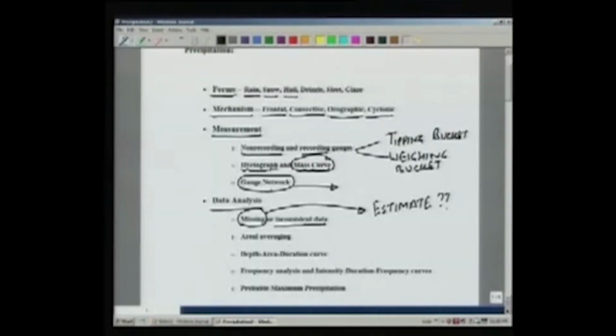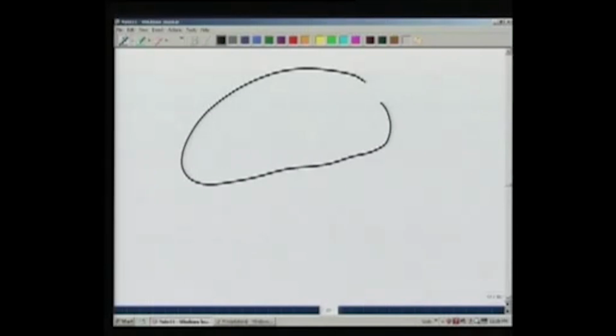Okay. Now once we estimate the data and check that this is consistent, we go for areal averaging. So if we have a certain area and we want to find out rainfall over this area, the values which we have for precipitation are only at these rain gauges, and these are called point values.